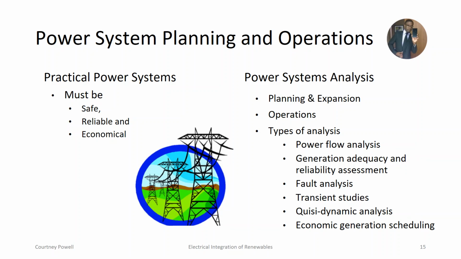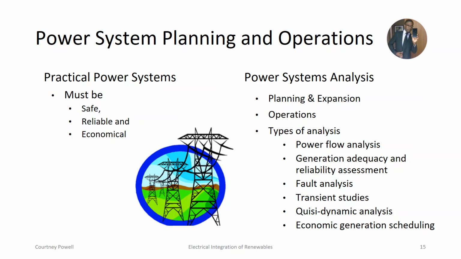Power system planning and operation. Practical power system planning and operation must be safe, reliable, and economical. Right? Those are the three fundamental things in planning and operating a power system. In terms of power system analysis, that is necessary for planning and expansion. So if you want to plan the expansion of your power system, then you have to carry out power system analysis.